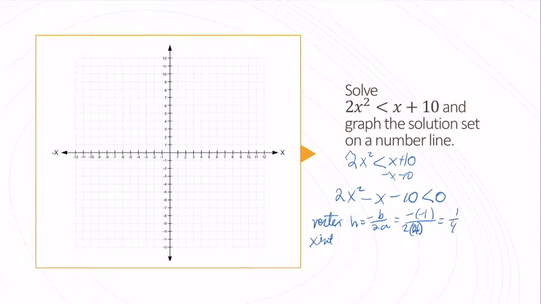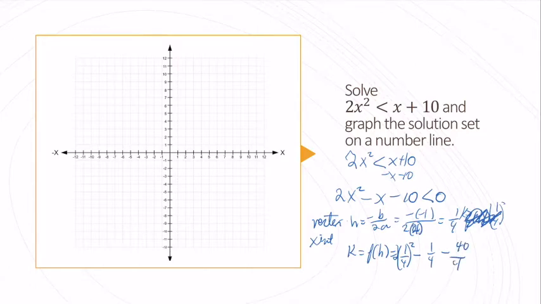And then f of h is going to give me my k. So that would be 1/4. Oh gosh, I'm getting really messy, guys. So k is f of h, which is 2 times 1/4 squared minus 1/4 minus, let's go with 40/4.